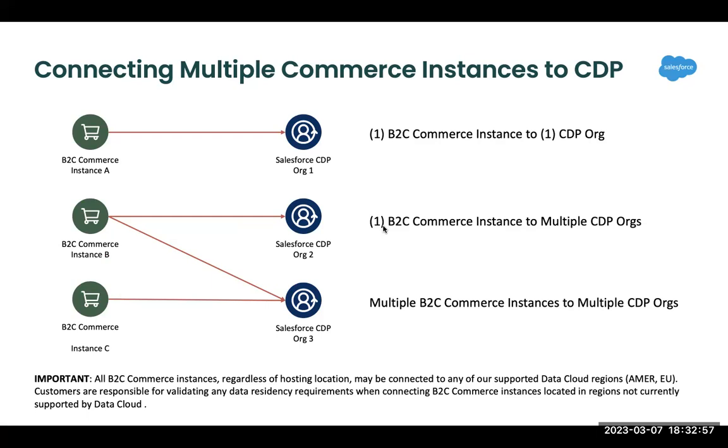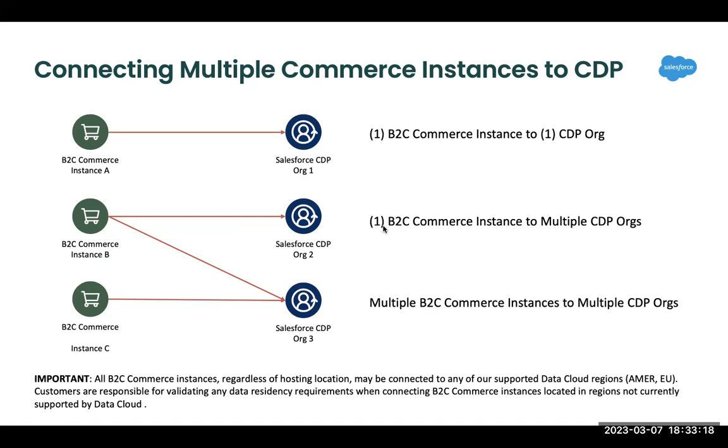If you look at your B2C Commerce instance A, which is sitting in your APAC, you can connect it with one single Salesforce Data Cloud org. At the same time, you have a B2C Commerce instance B, which you can connect to 2 Salesforce CDP orgs as well. You can connect the same instance to CDP org 2 and Data Cloud org 3.